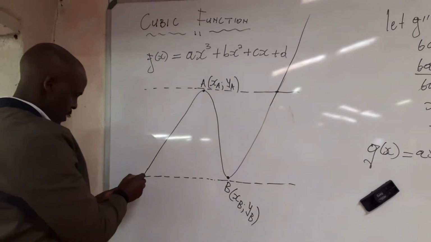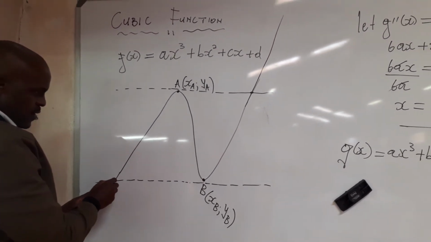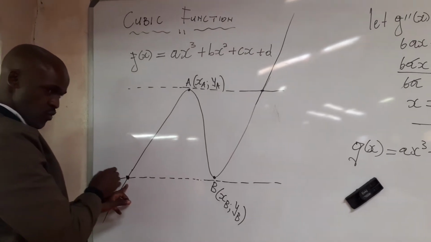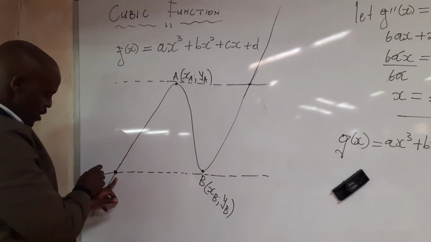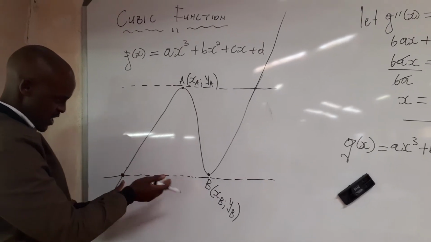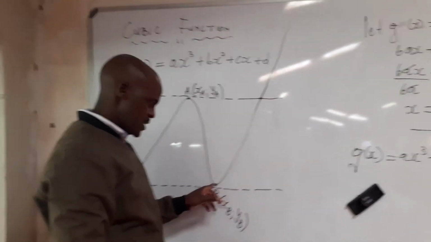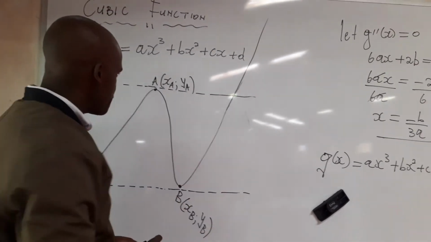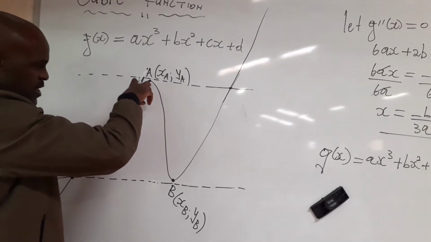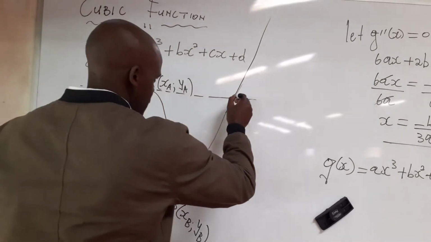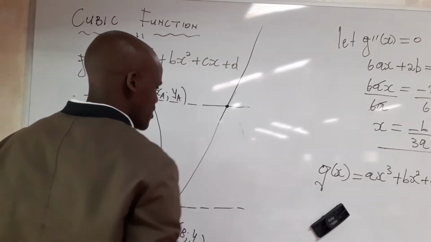So here we've got only one root. If you draw a horizontal line just below this turning point, which is B, or above that point again, which is point A, we are going to have one root.